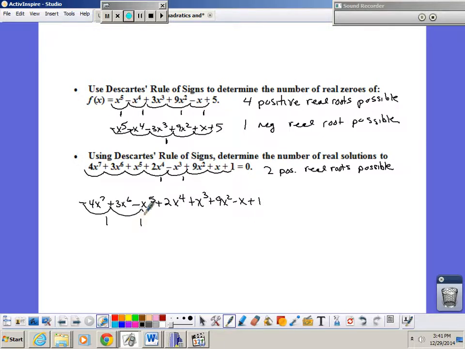Change, change, change, no, no, change, change. 5 possible, 5 negative real roots possible, for a total of 7. So not only that, it takes it down to if we're looking for a positive or a negative root. So it helps us with that synthetic division when we get to it.